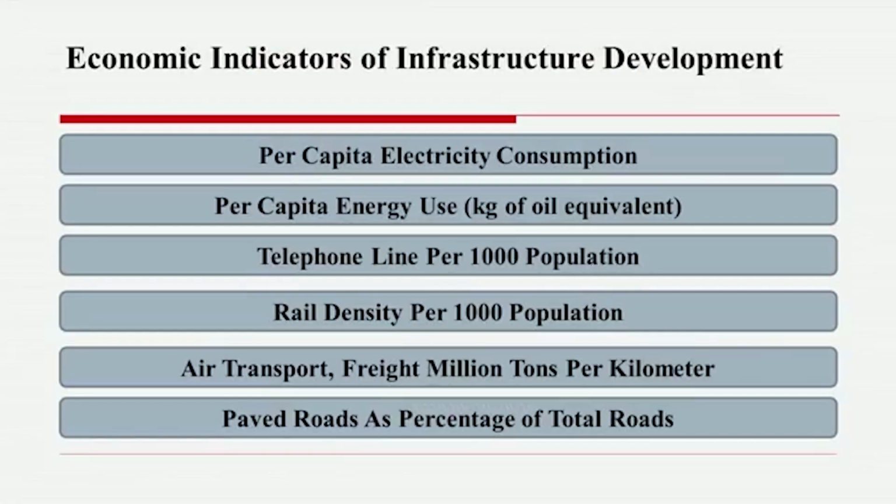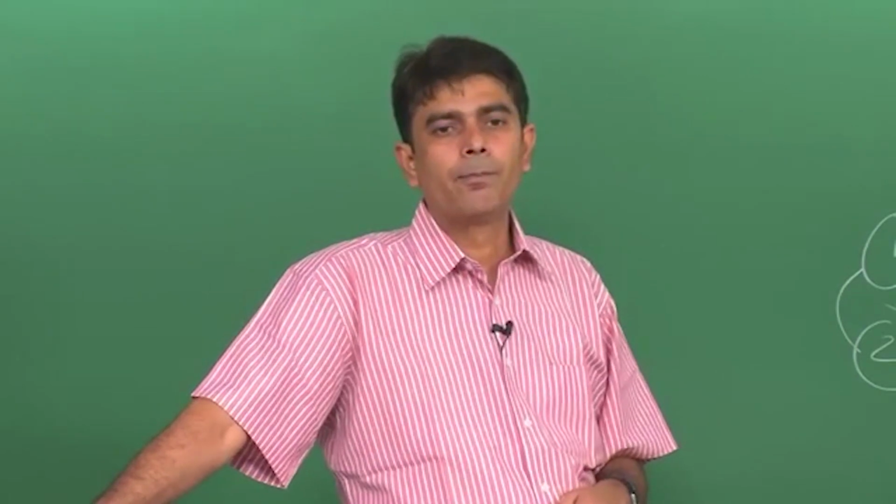How do we say whether infrastructure is in a developed or underdeveloped stage? Per capita electricity consumption may be one indicator. Per capita energy use in kilogram of oil equivalent is another. Telephone lines per 1000 population, rail density per 1000 population, air transport freight in million tons per kilometer, and roads as a percentage of total roads, how much we are developing per year.